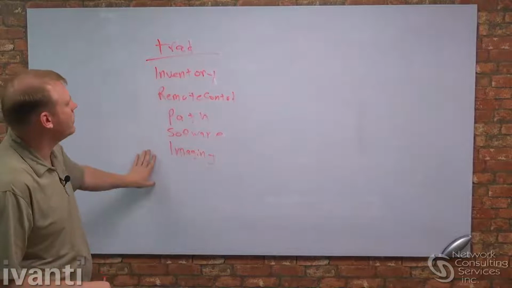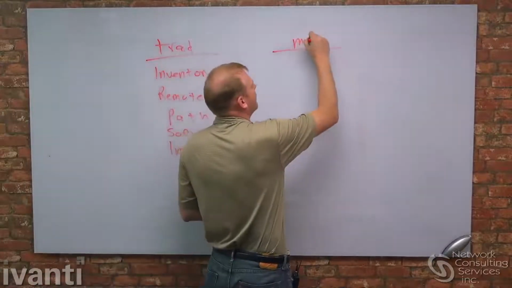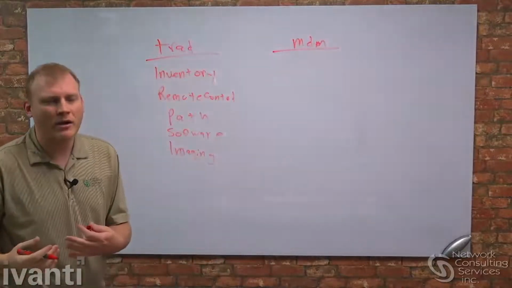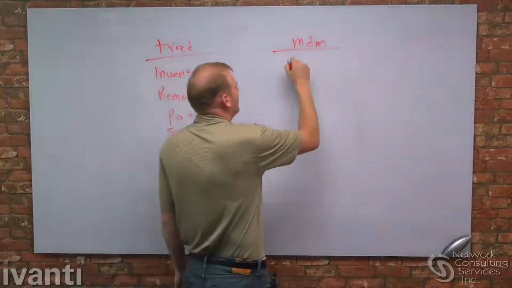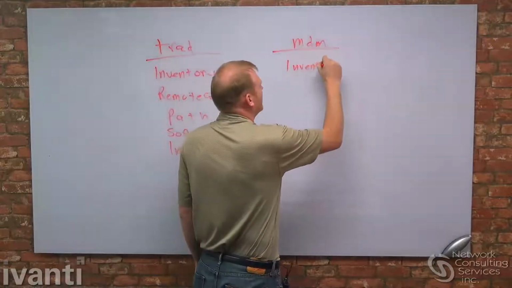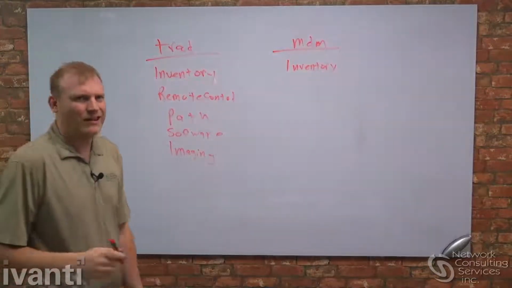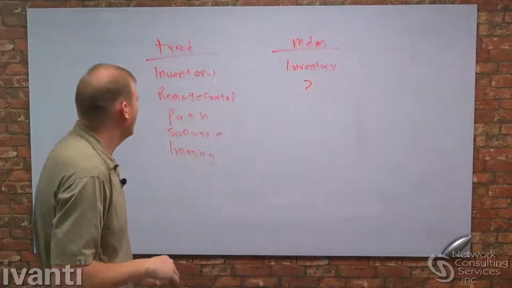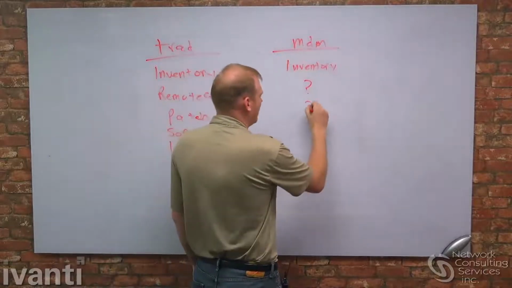But then what did MDM bring to the table with our MDM platforms, even if it was just from an iPhone and Android style management? Inventory, well, sure, we got inventory. That's part of the process when you enroll it. What about things like remote control? Well, kinda, sorta, a little bit, but not really. It's not really there. What about things like patch? Same kind of thing.